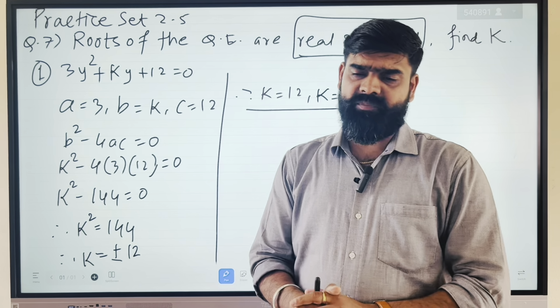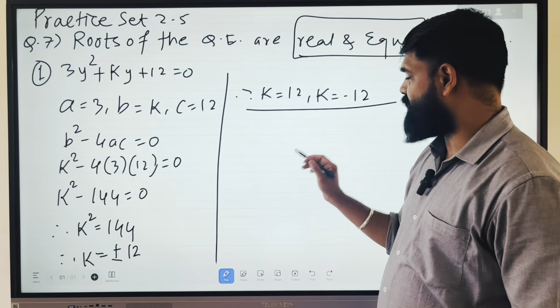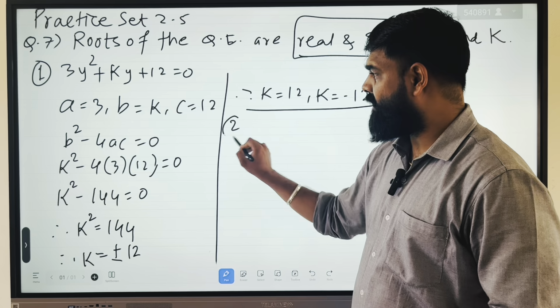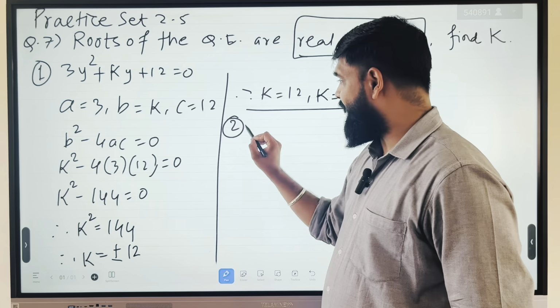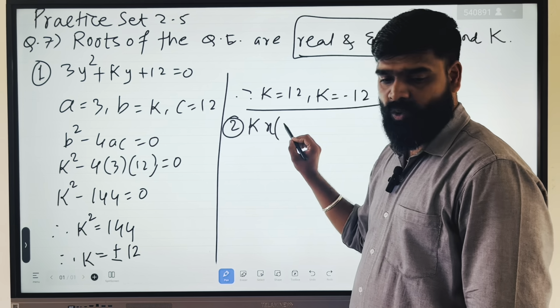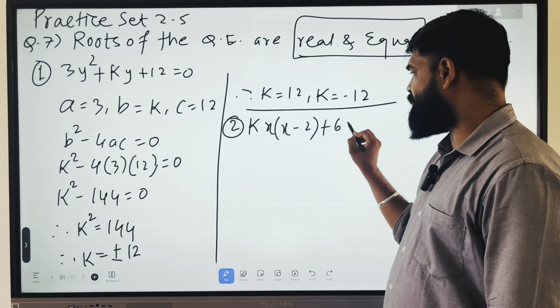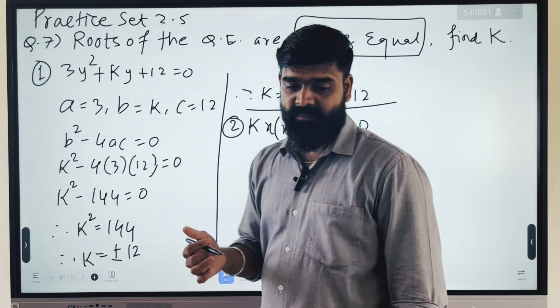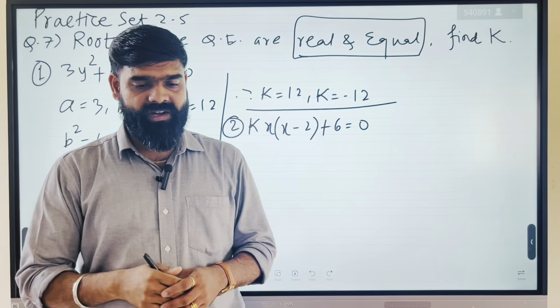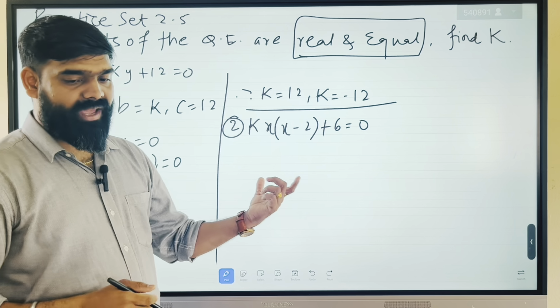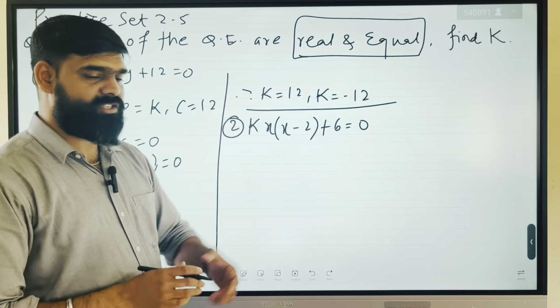Similarly, we have another question, that is question number 2. In question number 2, our equation is kx into x minus 2 plus 6 is equal to 0. So this is question number 2 from question number 7. kx into x minus 2 plus 6 is equal to 0.